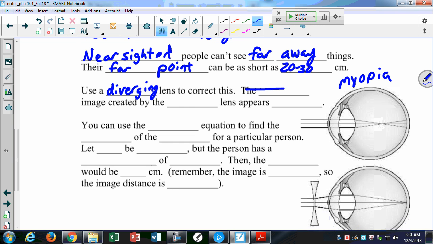Don't worry about this sentence. Hold on, give me just a second. We didn't talk about virtual images, did we? We did talk about virtual images?